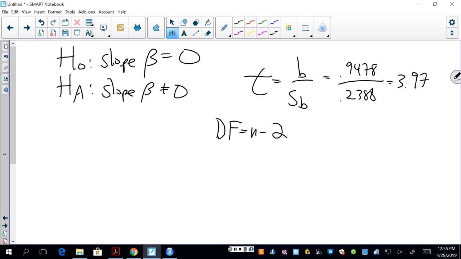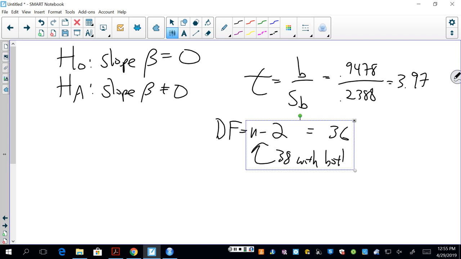And so it doesn't mean that the people didn't have data we could use, but in terms of this analysis, there might be some missing data. So it's supposed to be n minus 2. It uses 36, so there must be 38 with both X and Y observed. Even though there are more in the study, there's some that aren't used for this analysis.